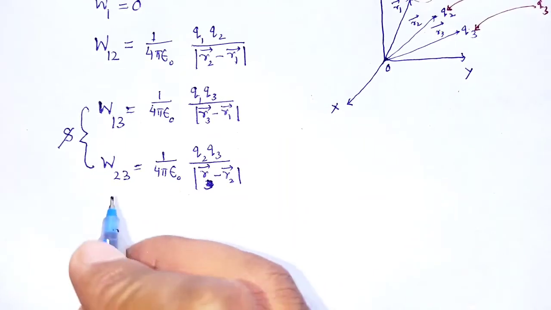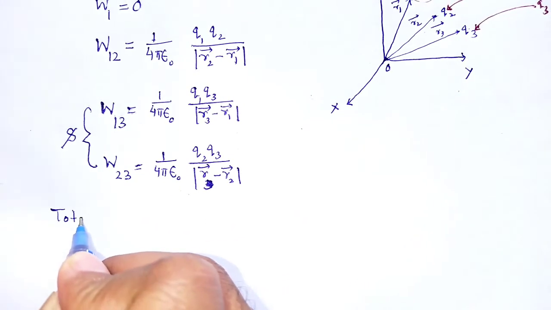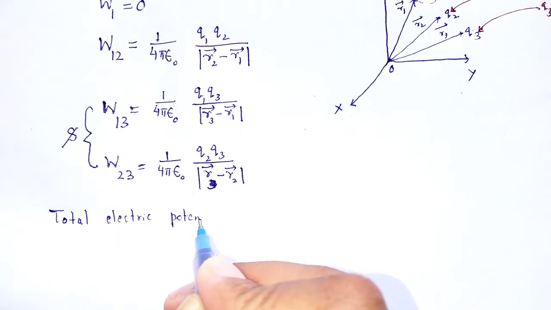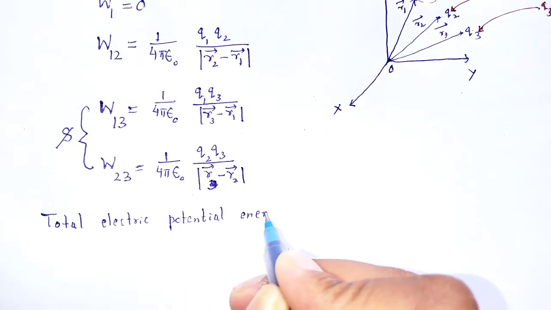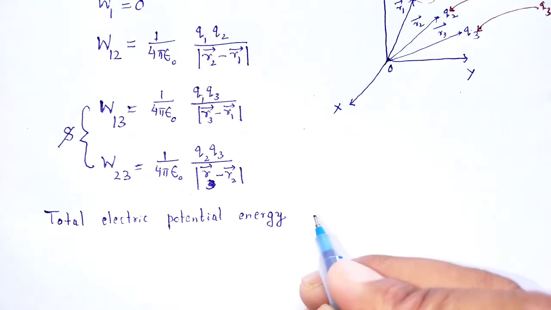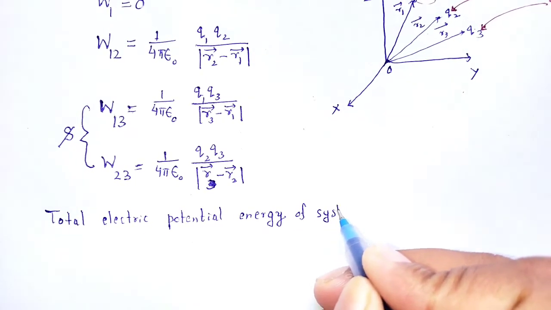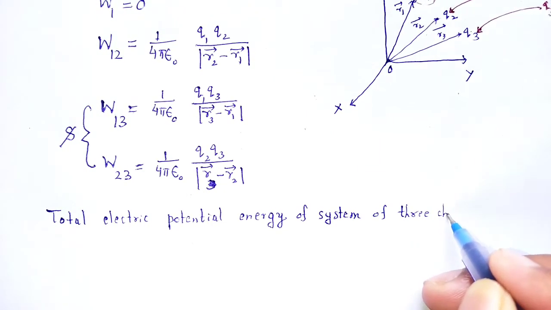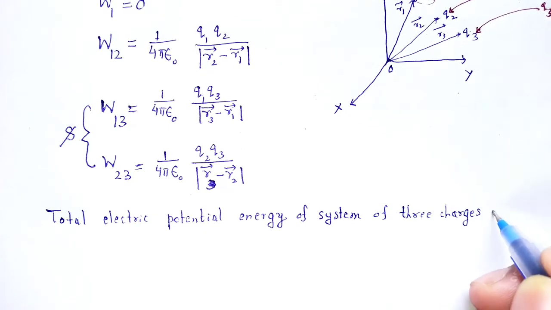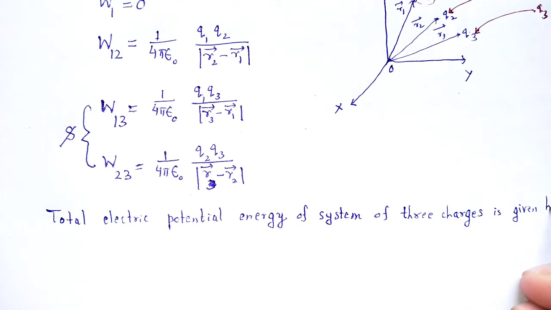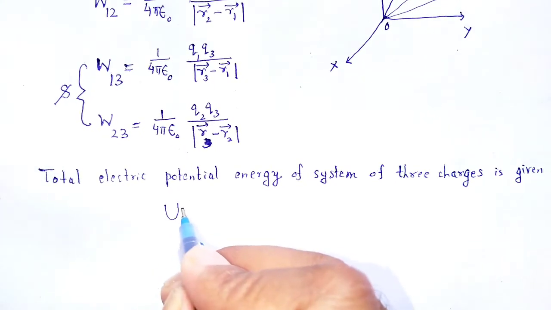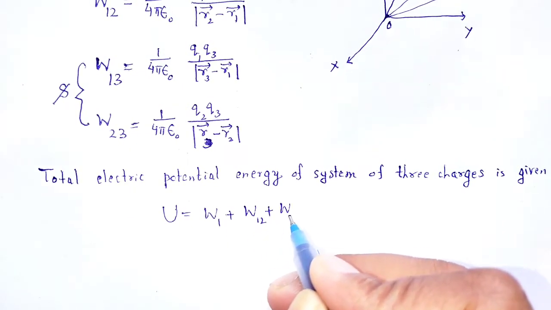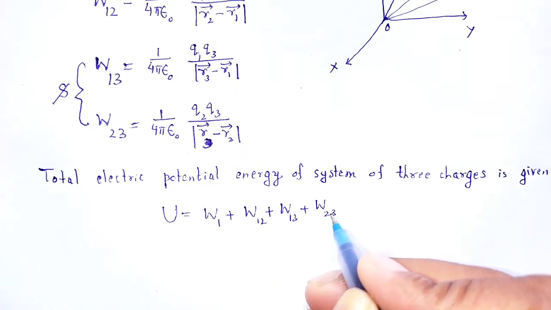Therefore, the total electric potential energy of the system of three charges is given by U equal to W1 plus W12 plus W13 plus W23.